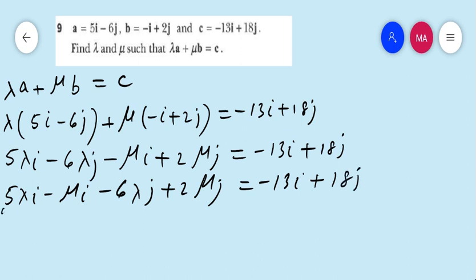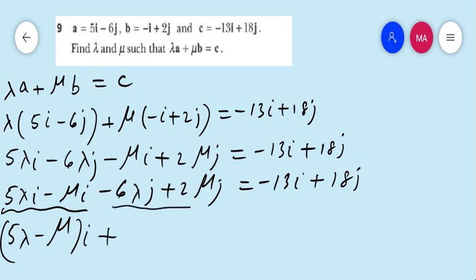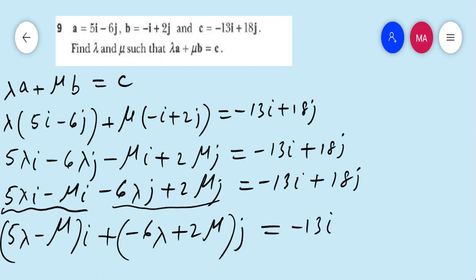Taking i common from these two, it is (5 lambda minus mu) i. Taking j from these two, it is (minus 6 lambda plus 2 mu) j, is equal to minus 13i plus 18j.